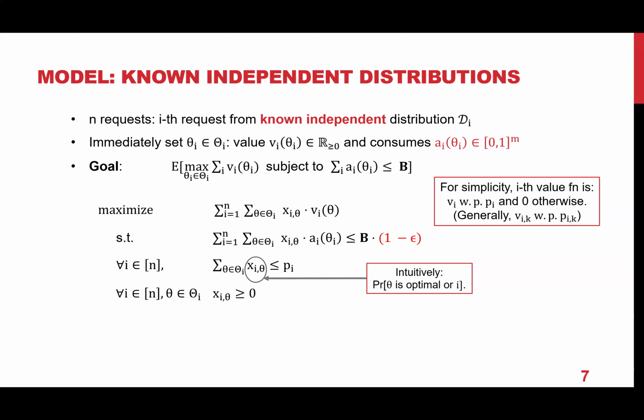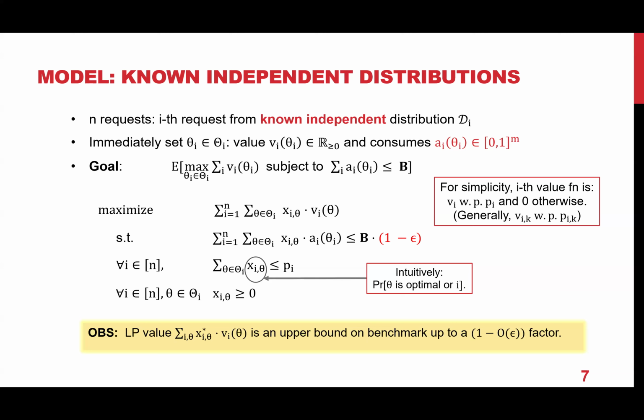So whatever this LP returns is only potentially of higher value, up to this 1 minus epsilon factor. If you scale down the budget, because everything is linear, that can hurt your optimal value by at most a 1 minus epsilon factor. So the claim is that this LP value is a valid upper bound on the offline, hindsight optimum, up to this 1 minus epsilon factor.